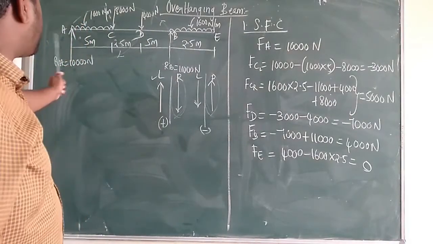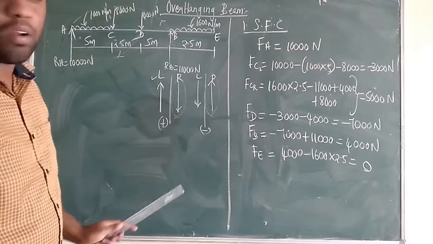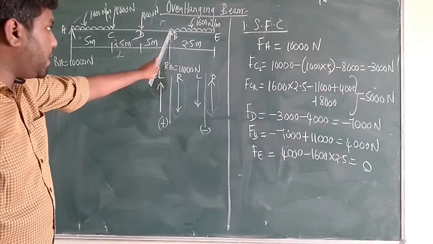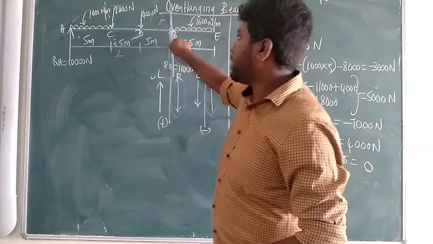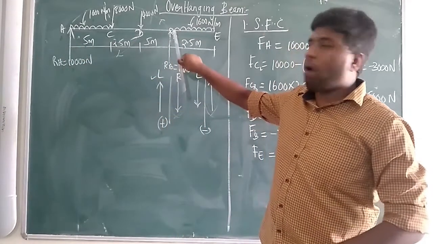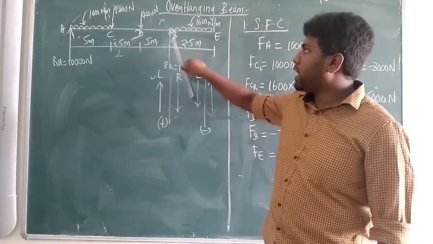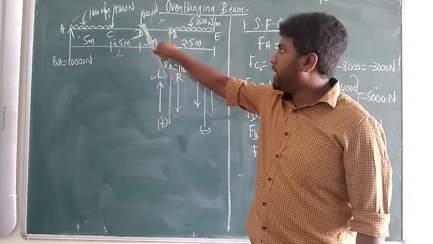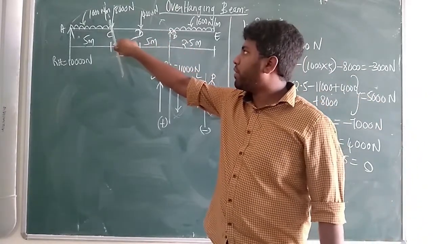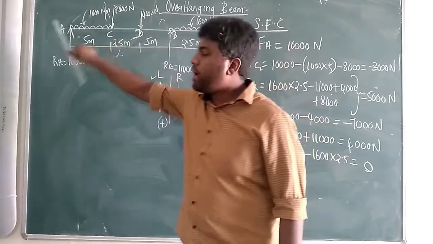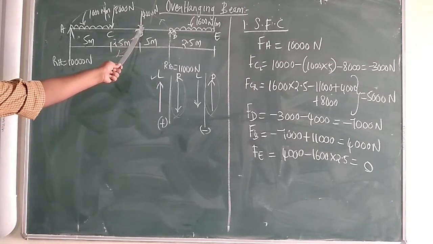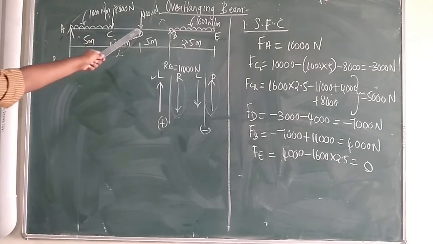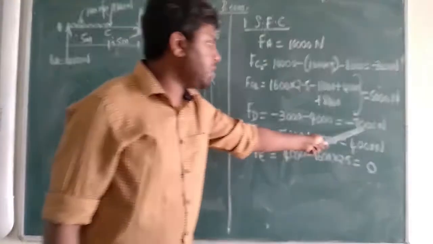Again I am going to calculate from the left of the section. So at B, if you see from the left of the section, what are the loads there? The total beam is there at point B, with a downward point load, a UDL, and an upward load. Till D we have found the shear force, that is minus 7,000.